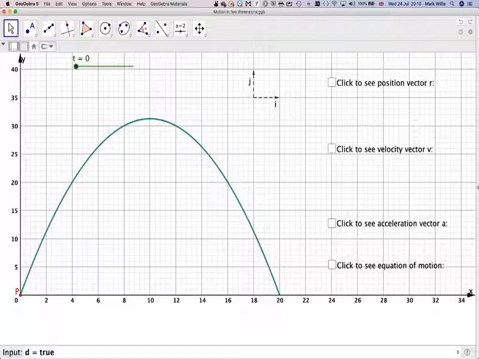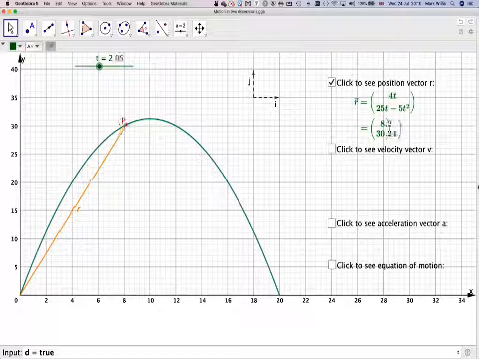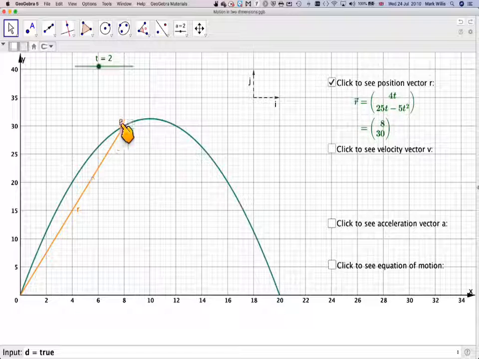At the present time it's on the origin, so the position will be (0, 0). If you put t as 0 here, you will get (0, 0). Then as it moves along, particularly when t is 2, for example, you can see this represents the position vector.